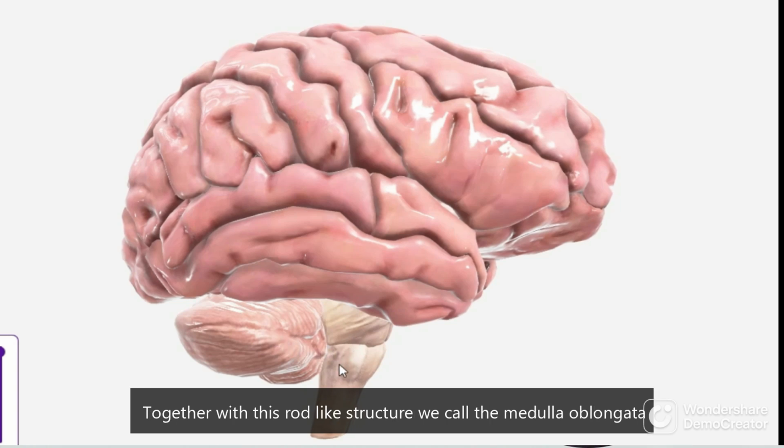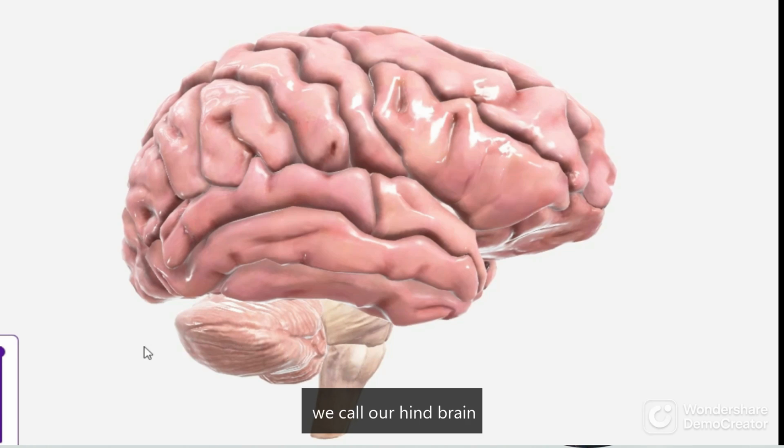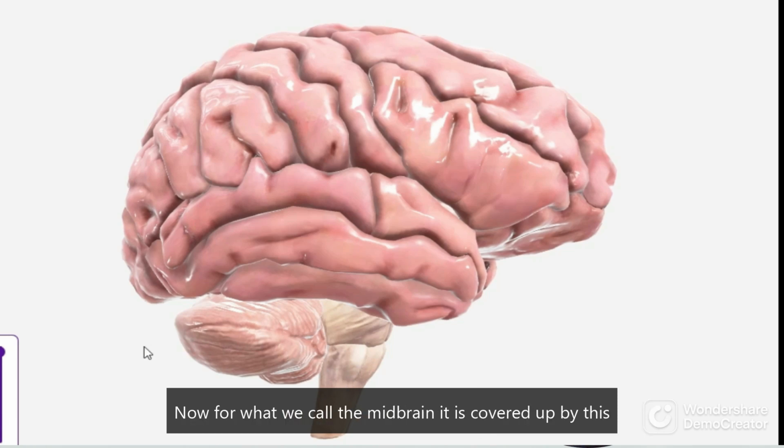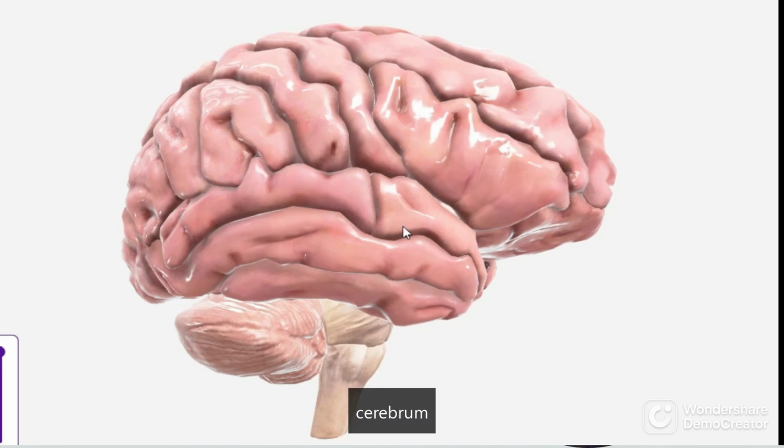Together with this rod-like structure, we call the medulla oblongata. These two, the cerebellum and the medulla oblongata, form up what we call our hindbrain. Now, for what we call the midbrain, it is covered up by this cerebrum.